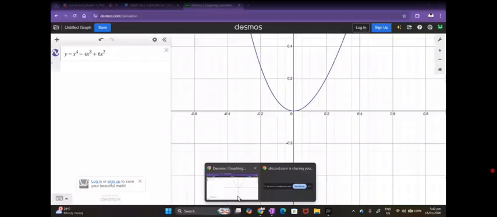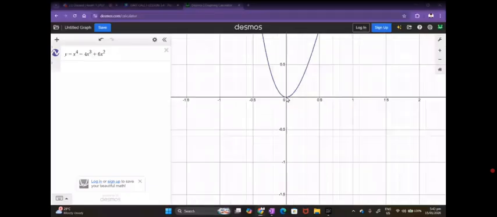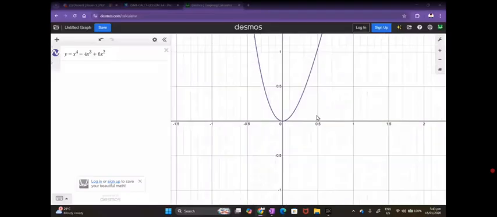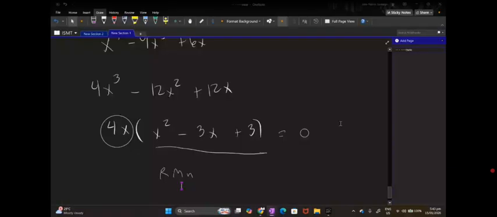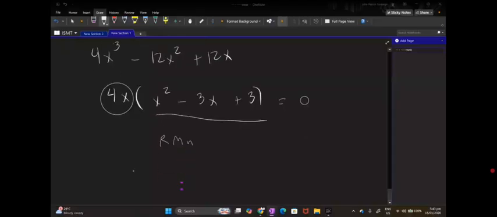If hindi mo ma-factor yung isang function, kung ano lang yung solution na meron dun, ayun lang yung critical points natin. Try natin yung second derivative. So, 4 times 3, 12, plus 12.